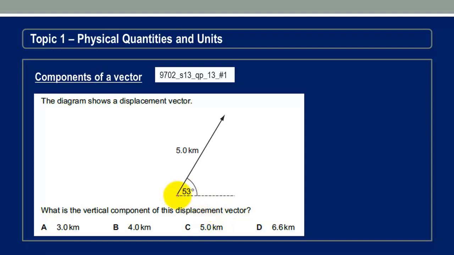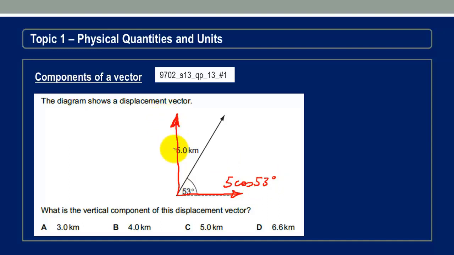In this question, therefore, we proceed as follows. We have to resolve that vector in this direction. Its component in this direction is 5 cos 53 degrees.